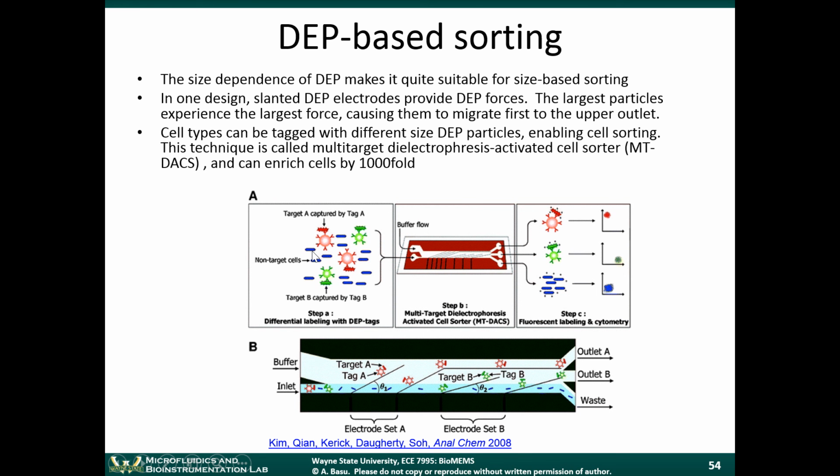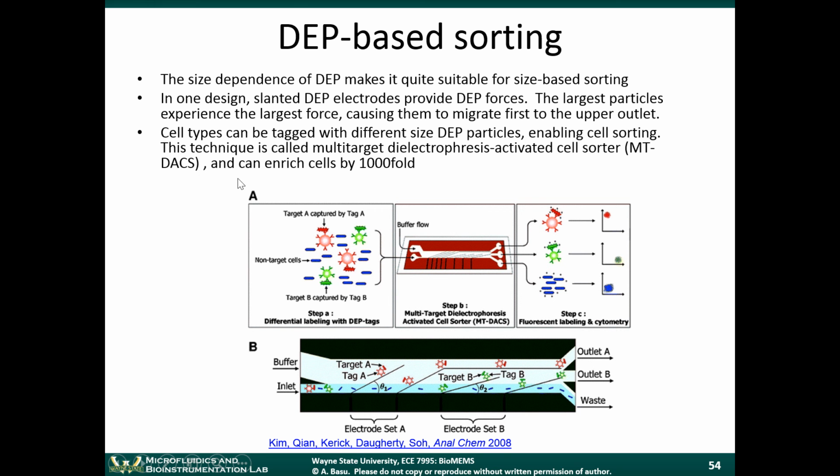Remember, to generate dielectrophoresis, all you need is some type of non-uniform electric field, and people have come up with all sorts of ways to create non-uniform electric fields using different electrode geometries. In this case, the cell types could be tagged with different size DEP particles, and this enabled cell sorting.